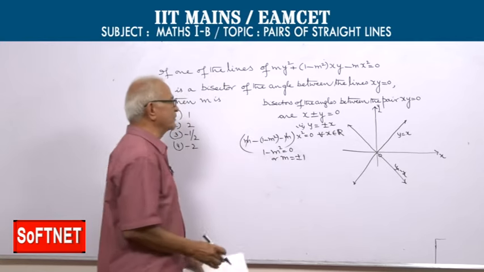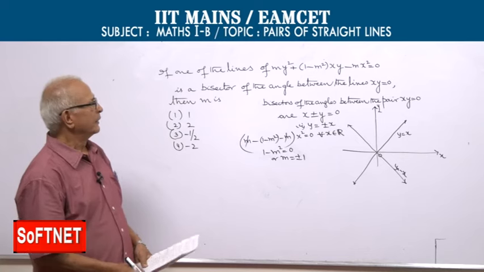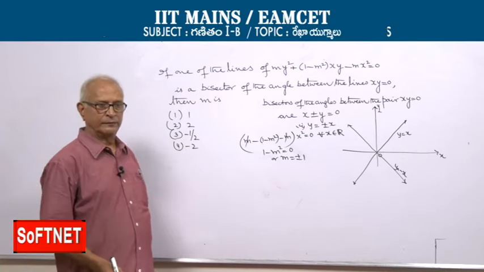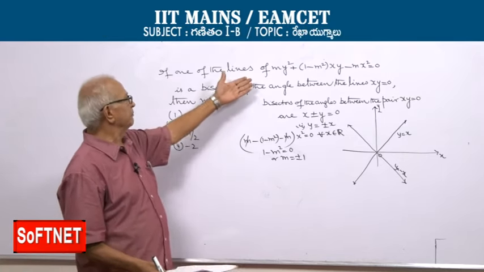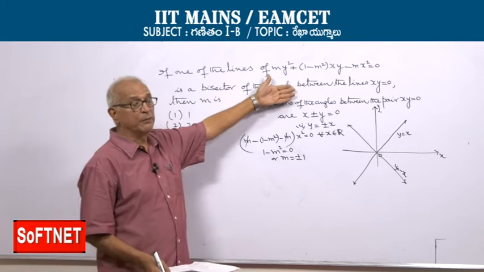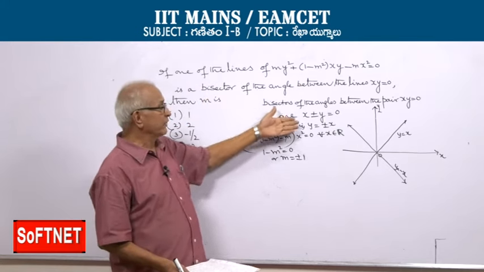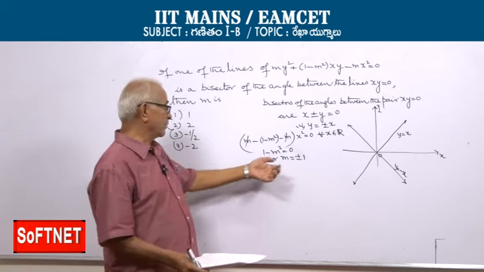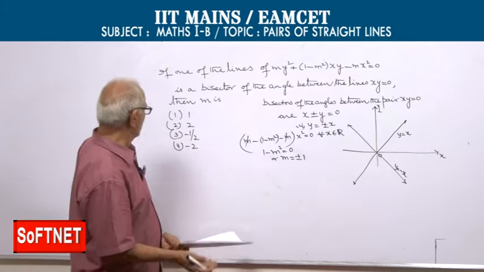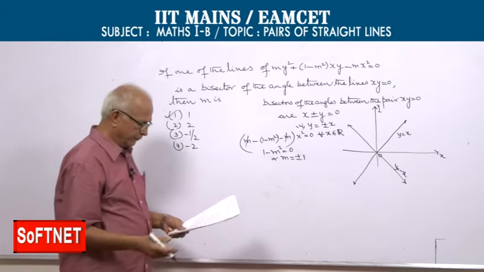So for both values of m, plus 1 and minus 1, this can happen. So one of the lines represented by this equation can be the bisector of the angle between the lines xy equal to 0 for m equal to either plus 1 or minus 1. Only plus 1 is given here in the options.